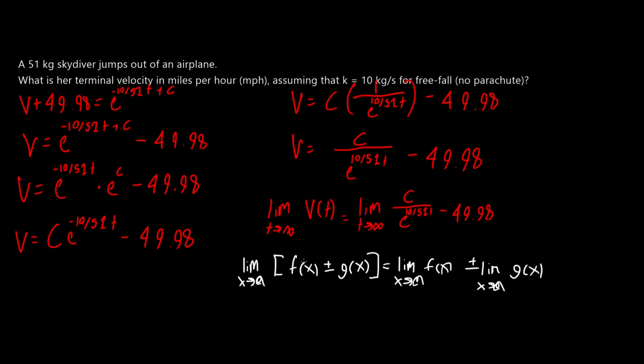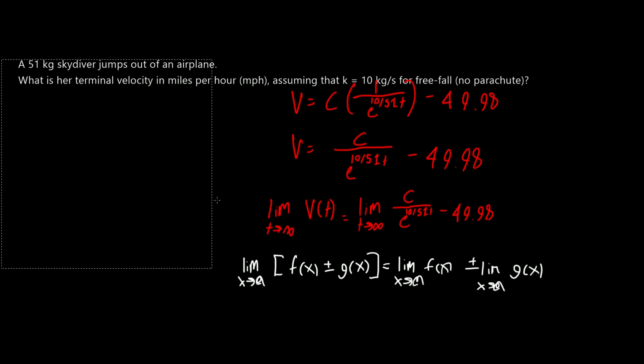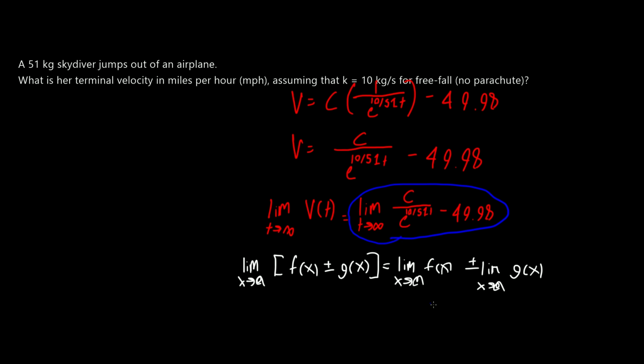Notice how we're taking two different functions that are being added, and then we just split them up into their own limits. So that's what we're going to do here. Let me go ahead and remove some of these things here. Let's rewrite what we have over here and split it into two different limit functions like it is down here.